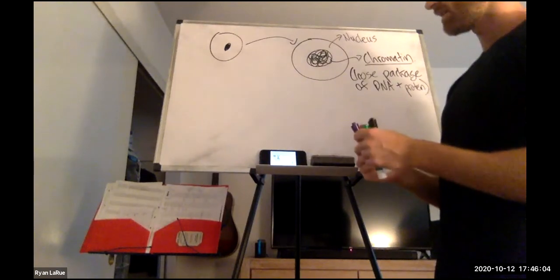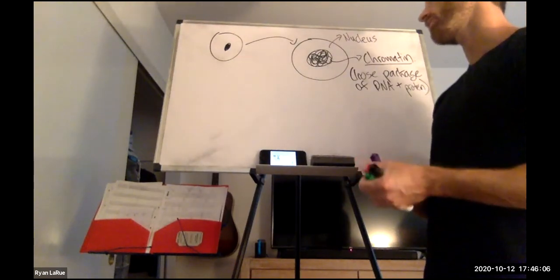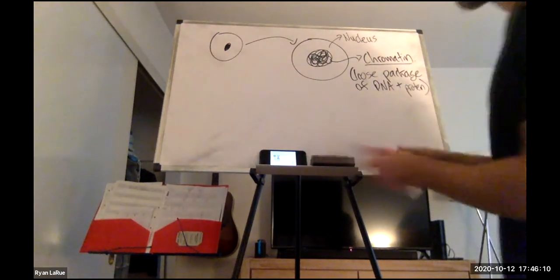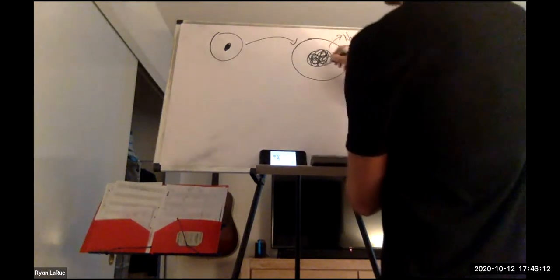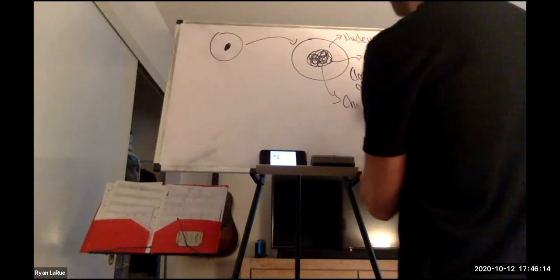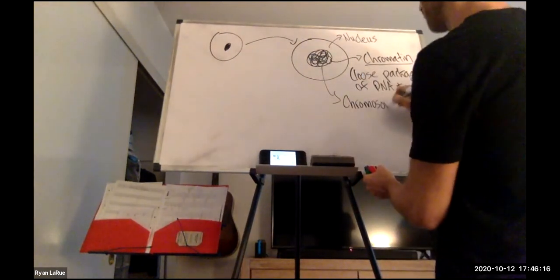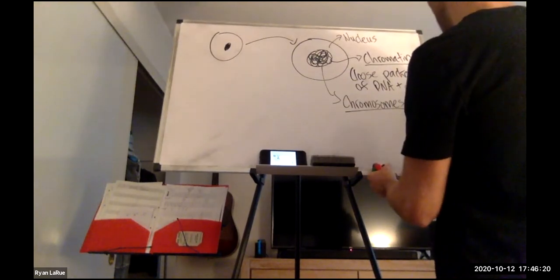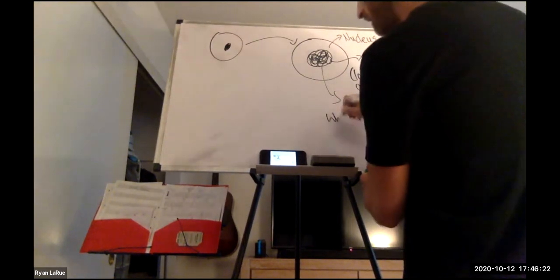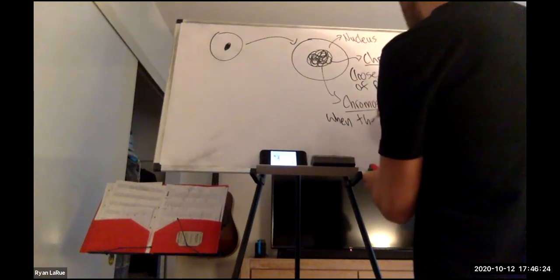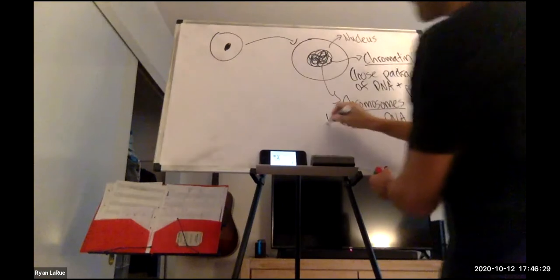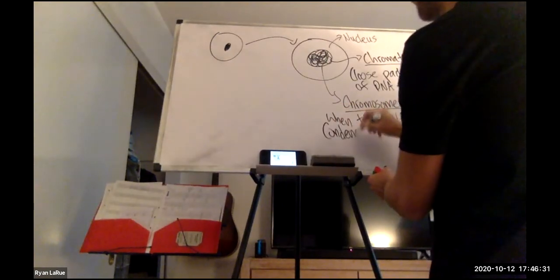Actually, we have 23 pairs, so 46 total, what we call chromosomes. So I'm going to write chromosomes form when the DNA condenses and becomes tightly packed.